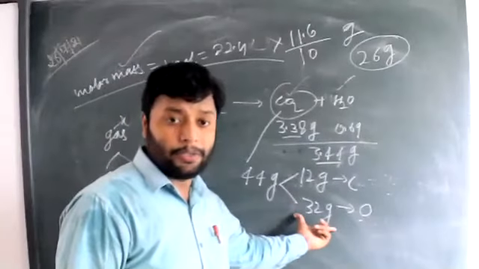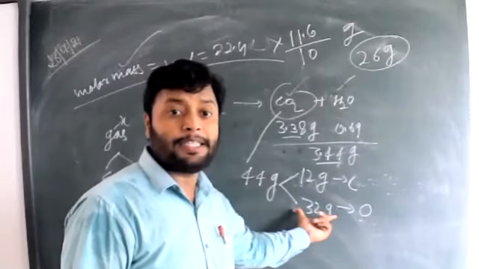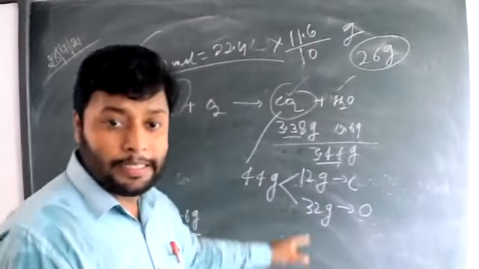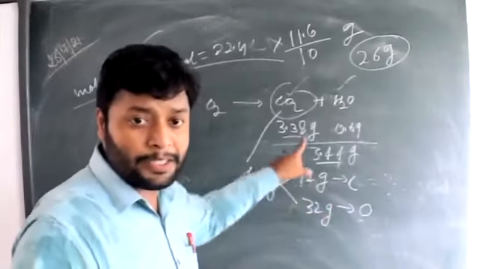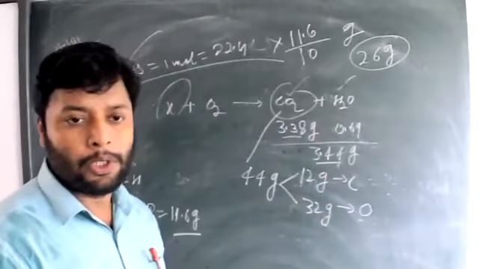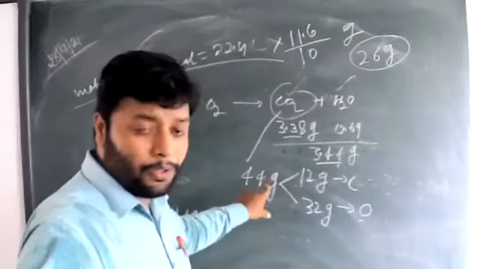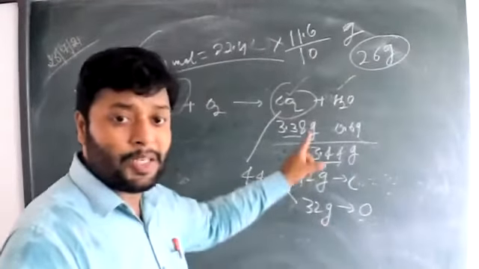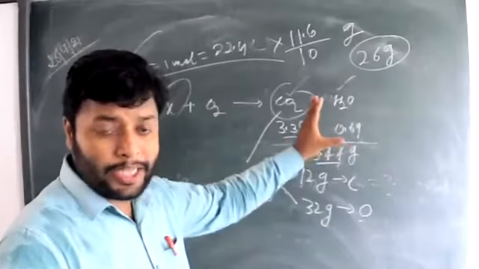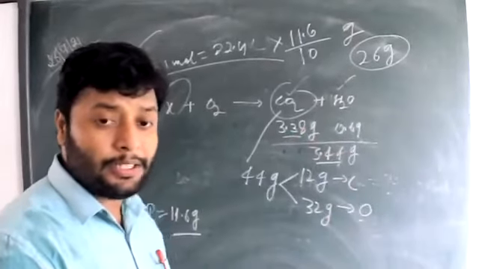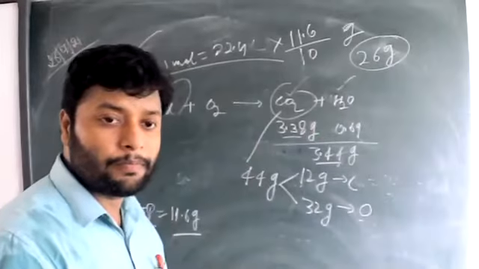So just find out the percentage composition of oxygen. The same percentage will be present in the 3.38 also. What percentage of oxygen in 44, the same percentage will be in 3.38 also. So just take out the percentage of oxygen from the CO2.